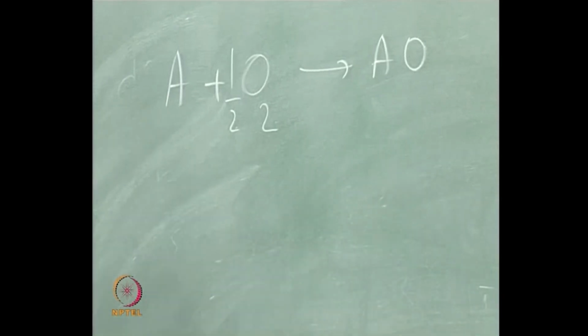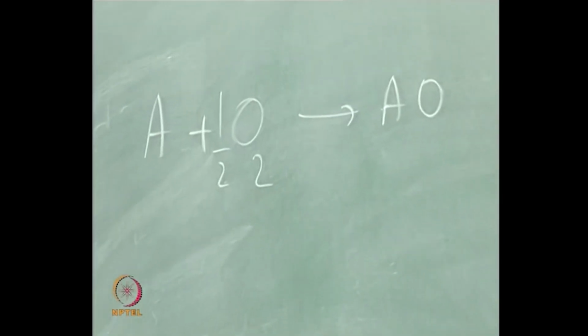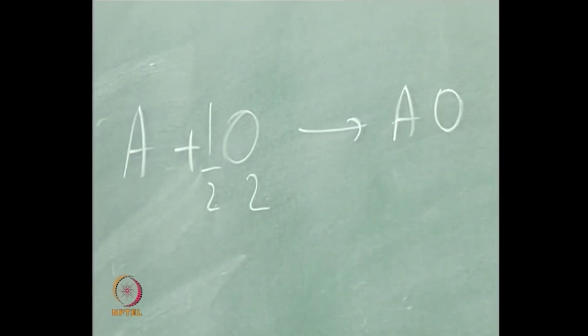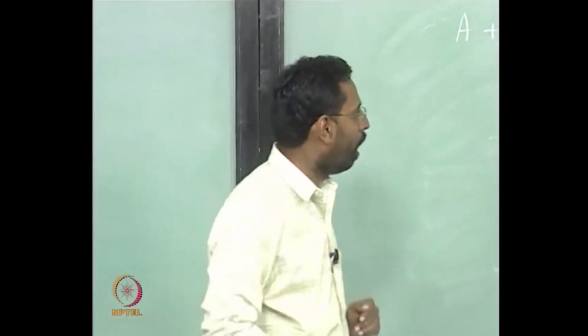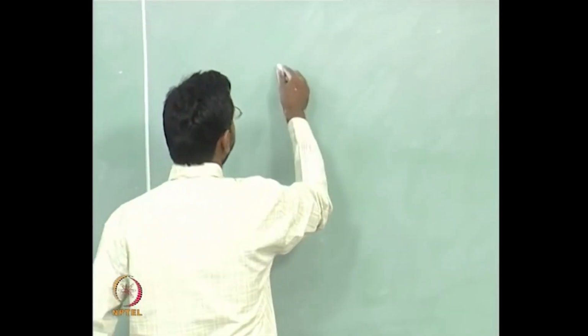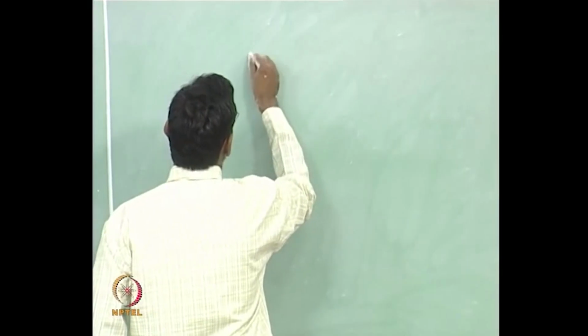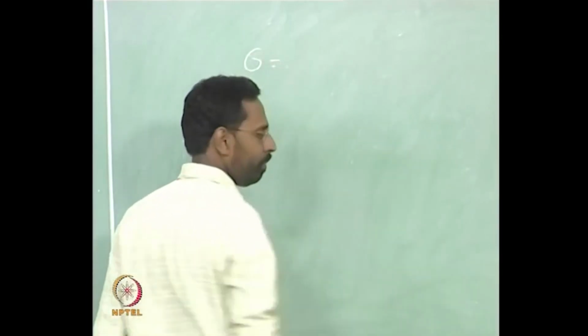If you are taking such a reaction, how do we understand the thermodynamics of this kind of reaction? To understand it, there are one or two concepts which we should already know, which we have possibly done earlier.